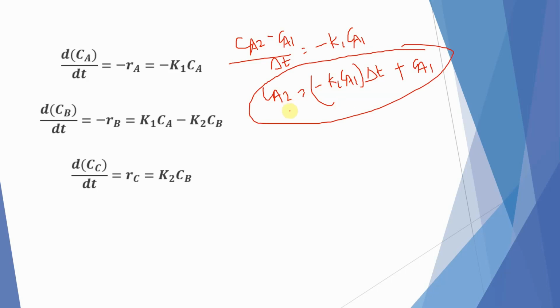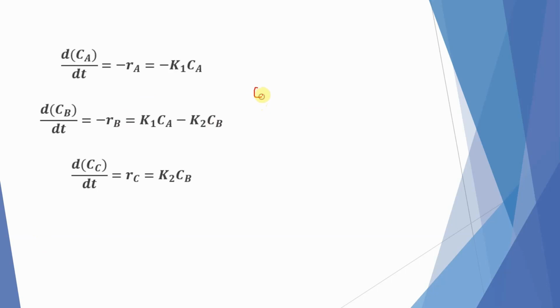So similarly for CA3, for CA4 and so on. CB will become CB2 is equals to CB1 plus delta T multiplied by (K1 CA1 minus K2 CB1).